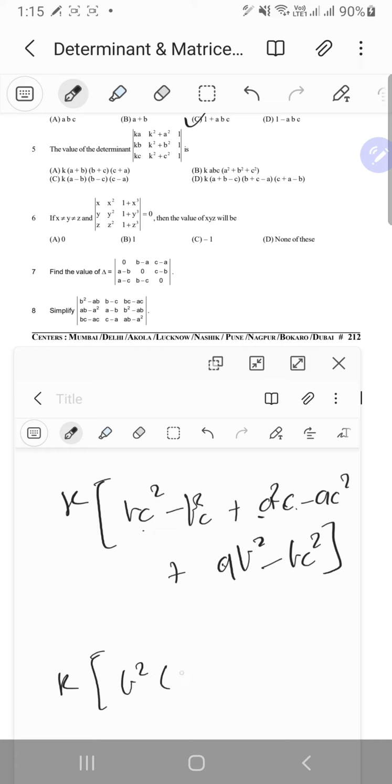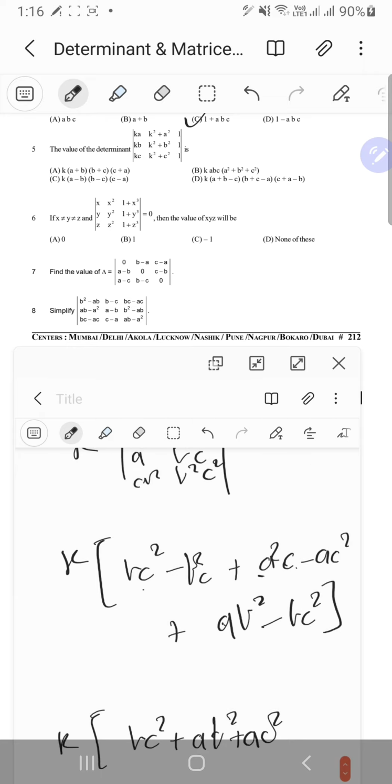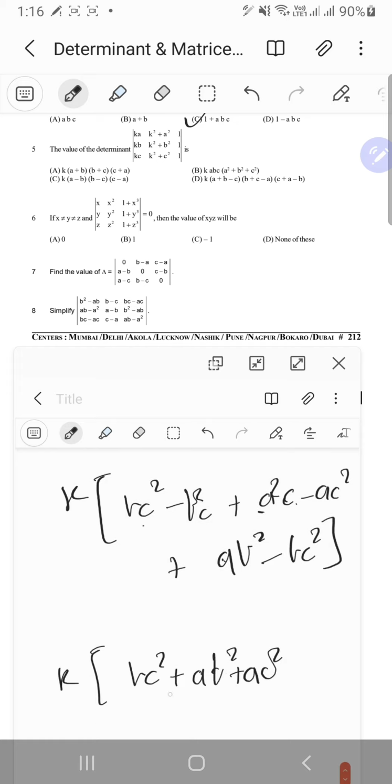Taking that b squared out would be a minus c plus, no, this is not the best way. So maybe some other way that we could use. First of all, write all the positive terms, bc squared plus ab squared plus ac squared. Oh wait, b squared c, that is not there, right? There was no bc squared thing, c squared.